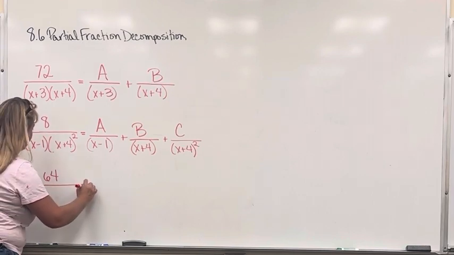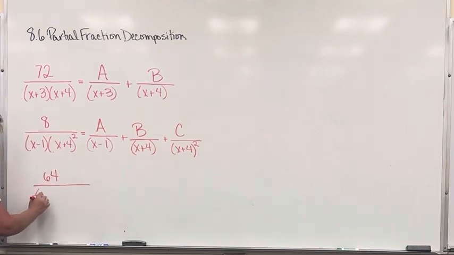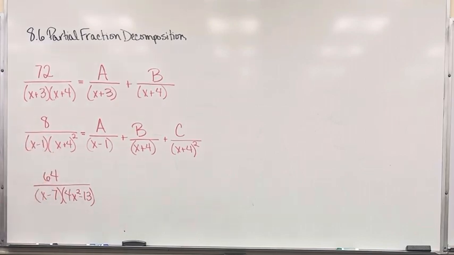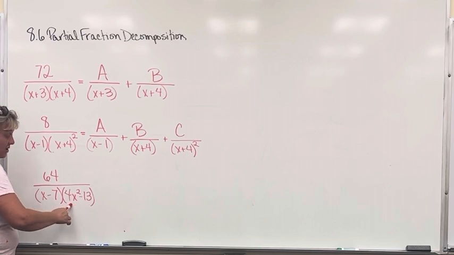Let's say we had 64 over x minus 7, and then 4x squared minus 13, okay, for lack of something better. Now, that guy definitely does not factor, so notice how it is not just a nice straightforward binomial.